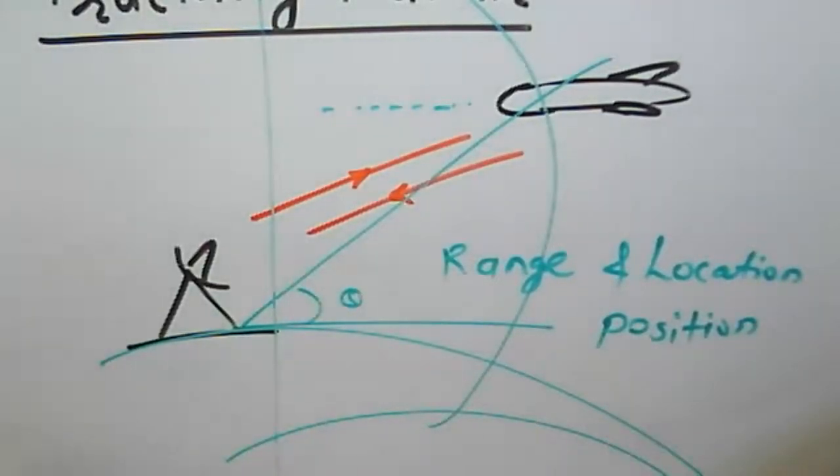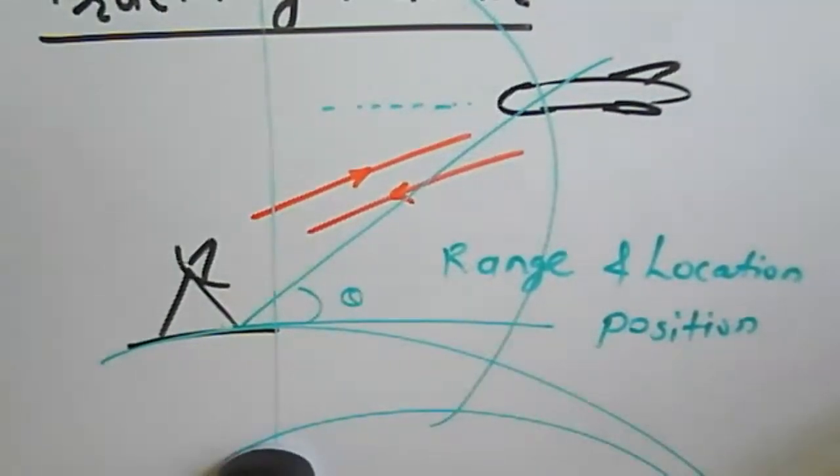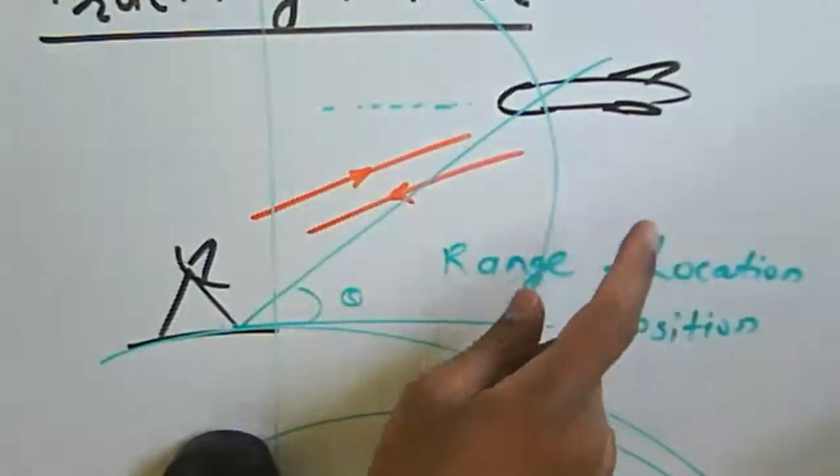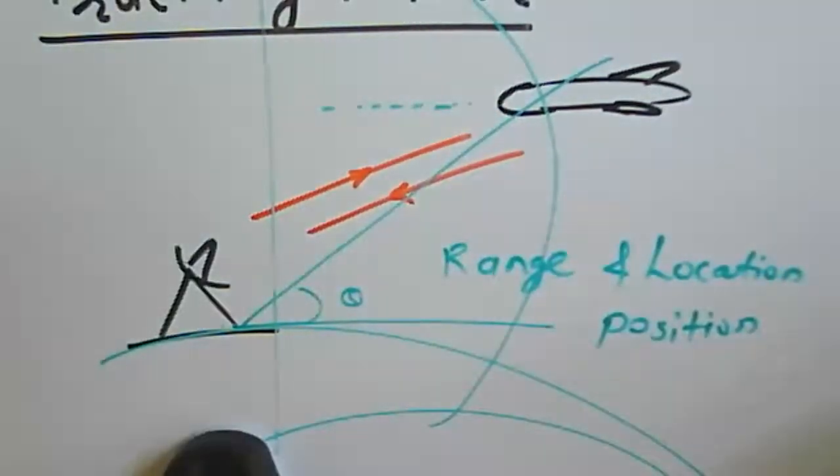Mostly, we find out the position of the target here. So why is this required? Because sometimes we need this to identify enemy missiles, or enemy fire jets, and then we need to target those things.